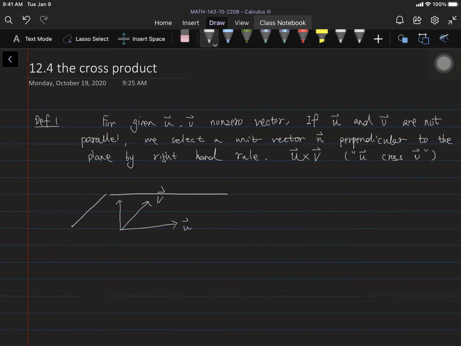So u and v make a plane, and there is a unit vector n perpendicular to it. Actually, u cross v is a vector perpendicular to both the u vector and the v vector, so perpendicular to the plane made by u and v.